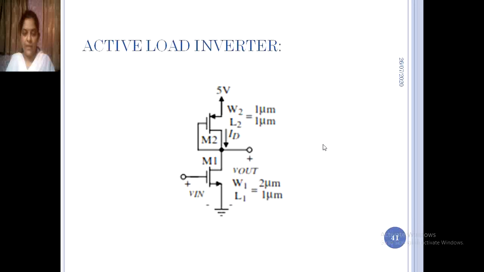N type and P type transistors are used. We apply Vin to M1, and the source and gate are shorted for the second transistor. W2 and L2 are 1 micrometer, but for M1 the width is 2 micrometer and the length is 1 micrometer.